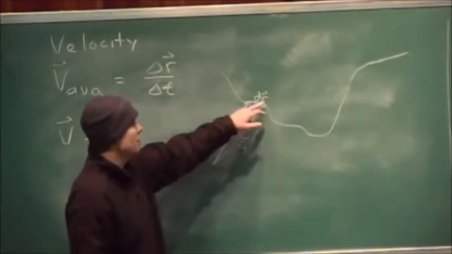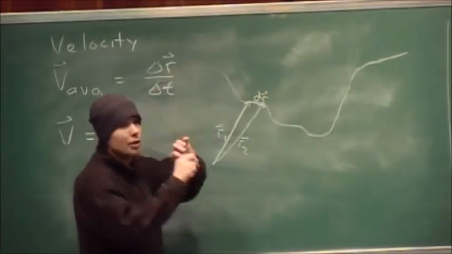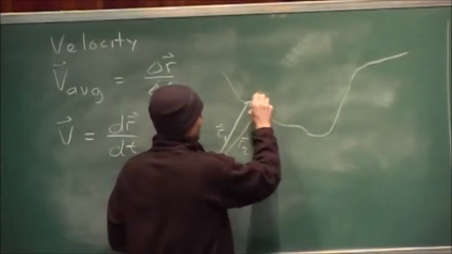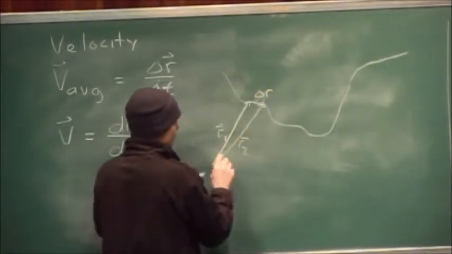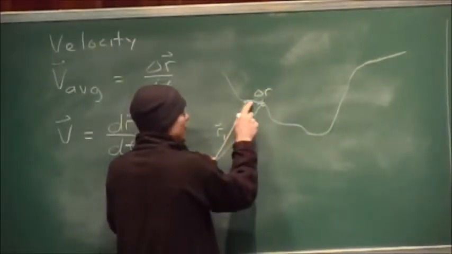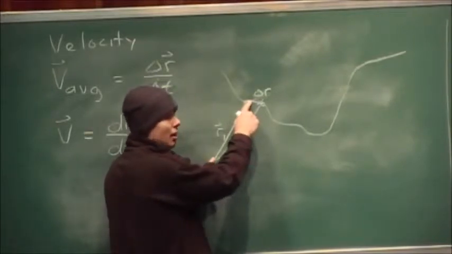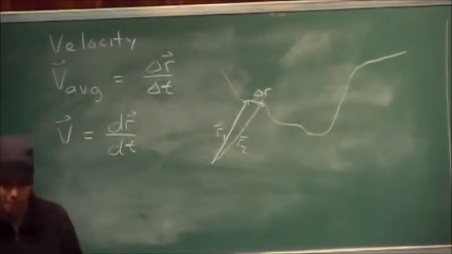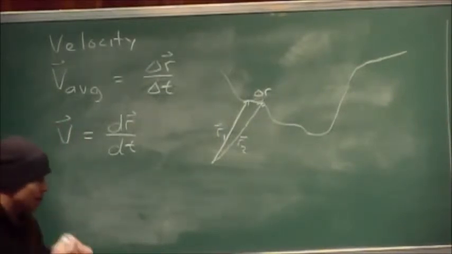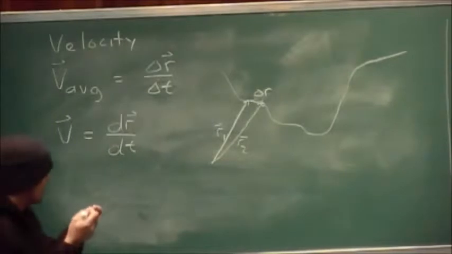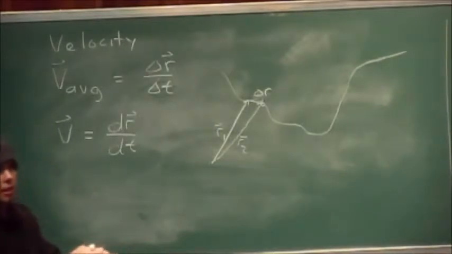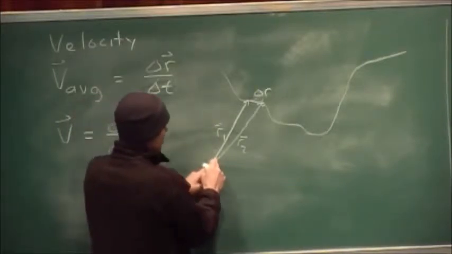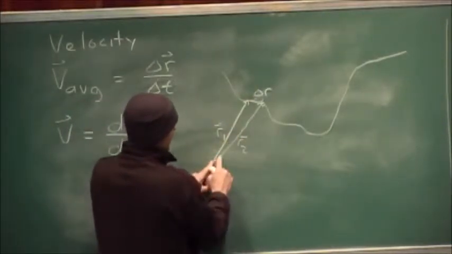This is actually delta R, right? So there's actually some curvature here, but if I make R2 very, very close to R1, this becomes a very good approximation if, for example, I make my time interval so small that the change in the velocity over that interval is essentially 0. Then what I'm doing is finding that instantaneous velocity.